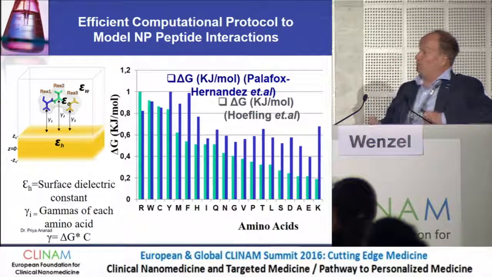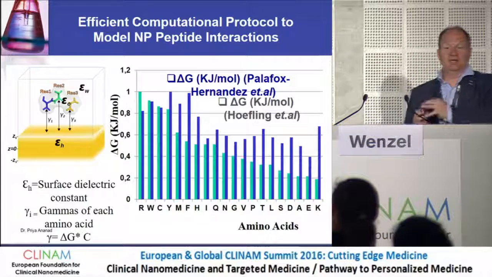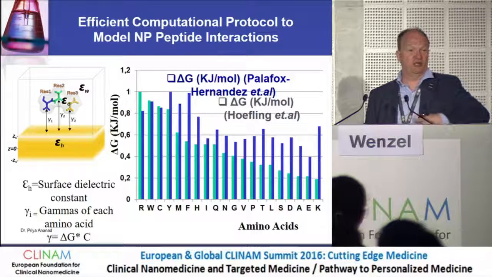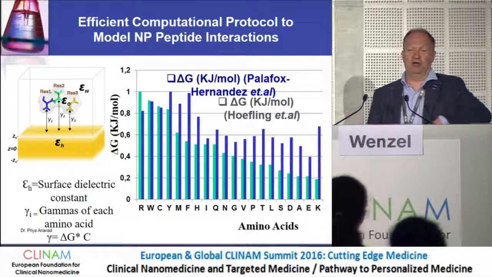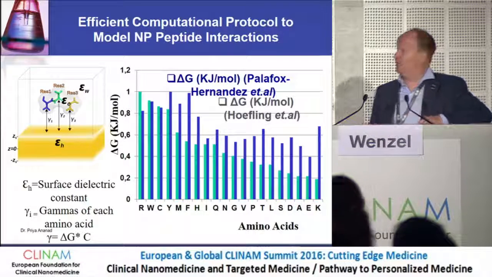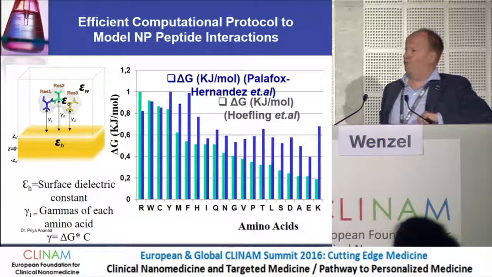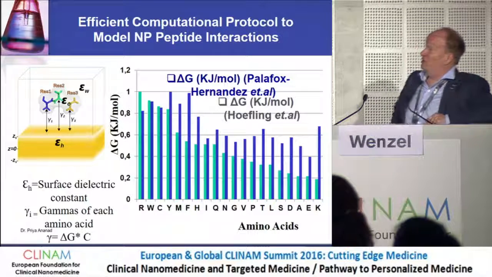So the bad news, if you want to try to do this, is that there's essentially no experimental data for the affinity of individual amino acids to all kinds of surfaces that we're interested in, such as metallic surfaces, such as silica, such as iron oxide magnetic nanoparticles, and so on and so forth. And the reason is that there are no measurement techniques that have the resolution to detect individual amino acids binding, right? And if you know of a method, please let us know. We spend a lot of money and time trying to get this under control, right?